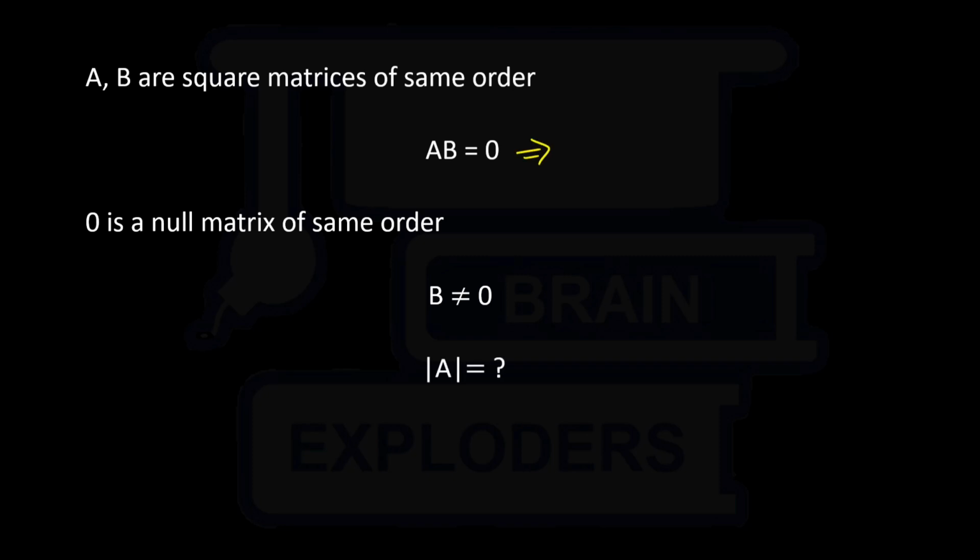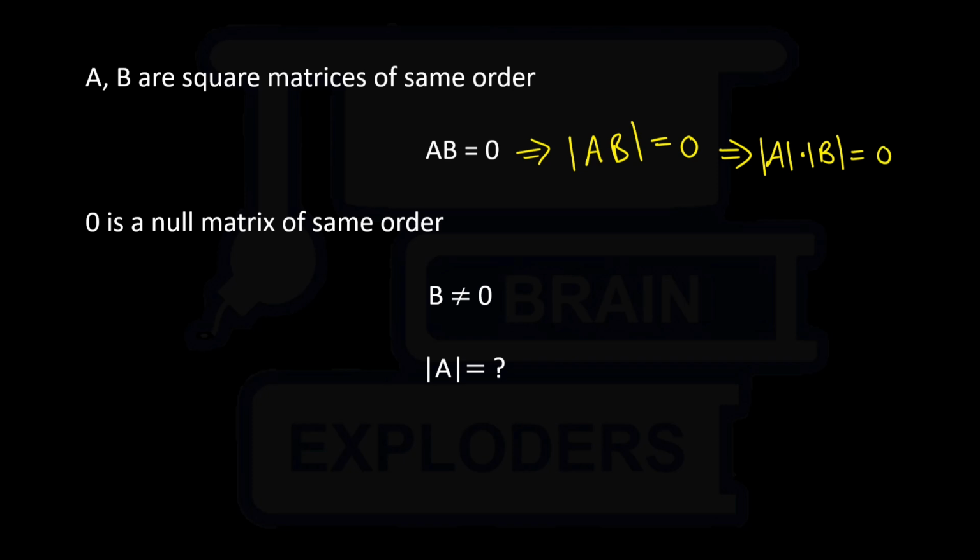We know that if the product of two matrices is given, then the determinant of the product is equal to the product of their determinants, right?